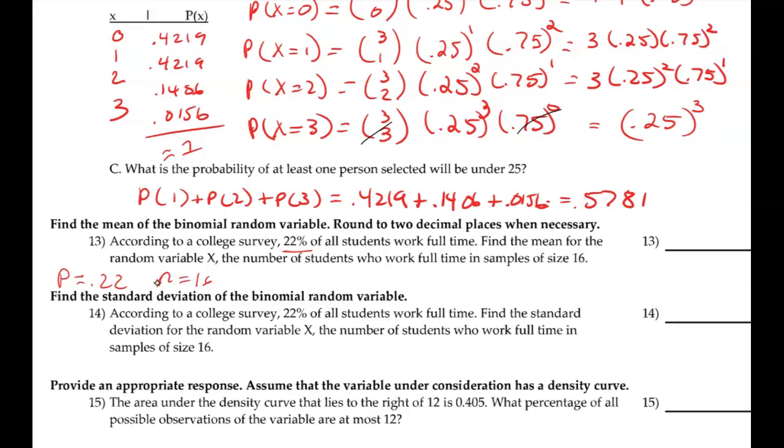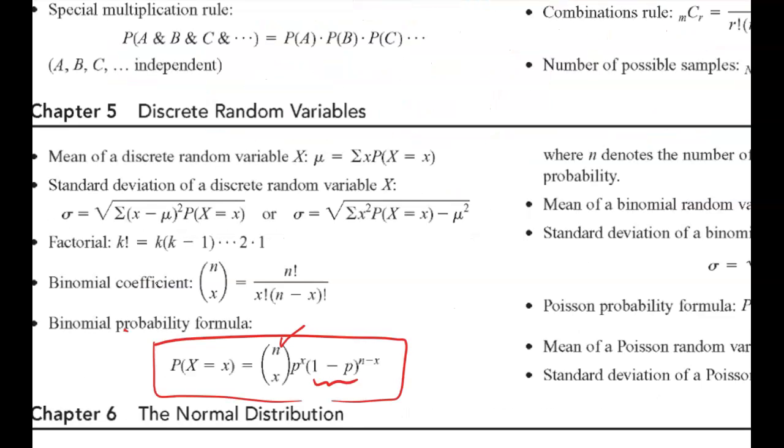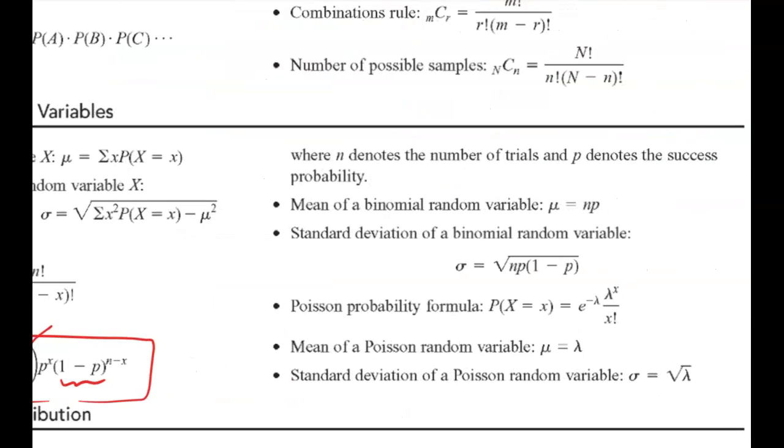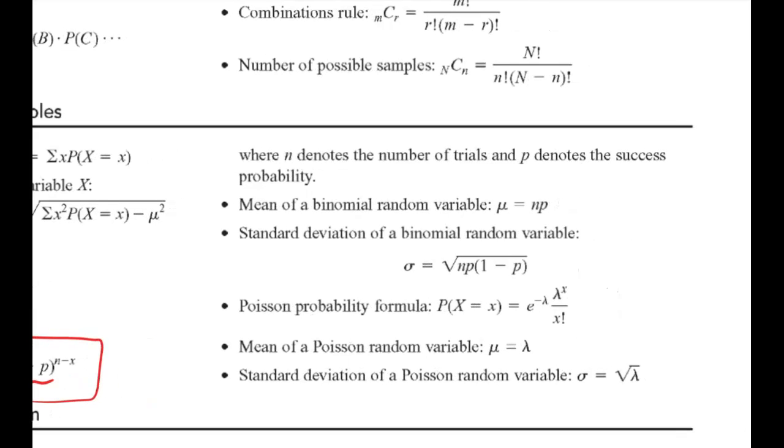So 22% of all students work full-time. So that means if we had a sample size of 16, how much would you expect to be working full-time? You can certainly go to your formula. The mean of a binomial is simply mu equals NP.